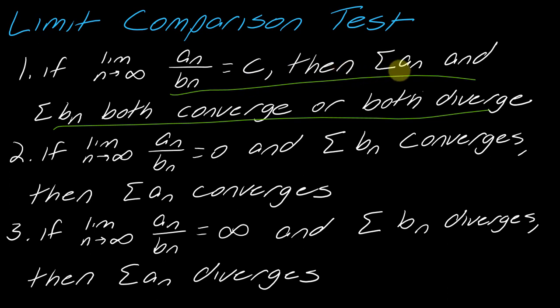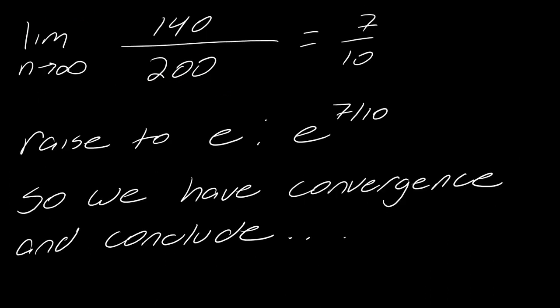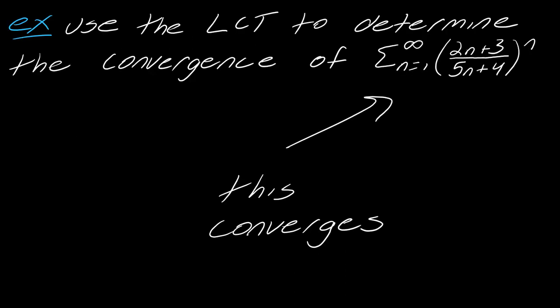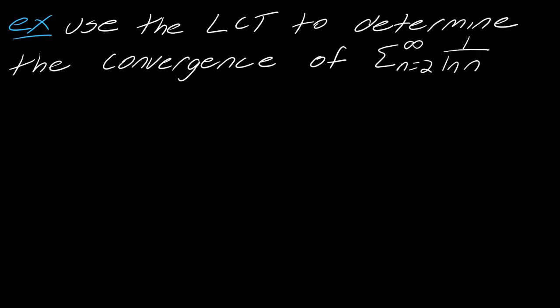So what this means is that either both series converge or both diverge. And you'll remember that when I started this, I chose a series that I know converges. So what that means now is I can conclude that both converge. And so that means that we have convergence here, so therefore my original series also converges. So sometimes when you're working through some of these, you can have a wild ride with some of these limits.